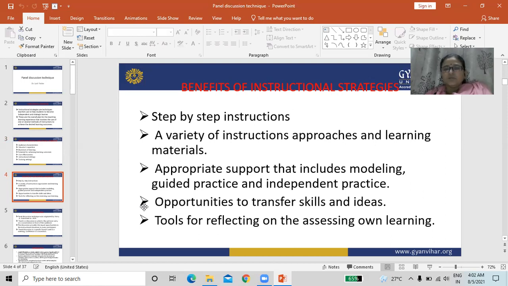So in instructional strategy, we decide what type of approach we will use and what type of learning material we will use in our instruction. Appropriate support that includes modeling, guided practice, and independent practice.